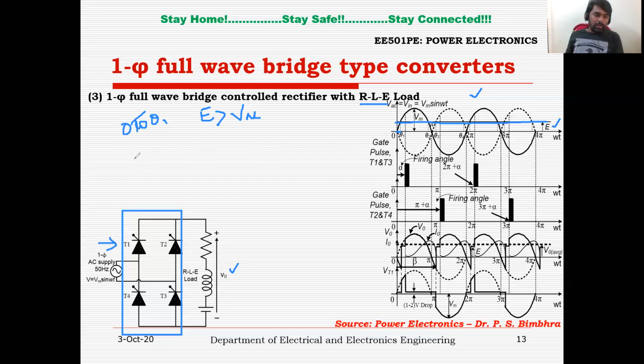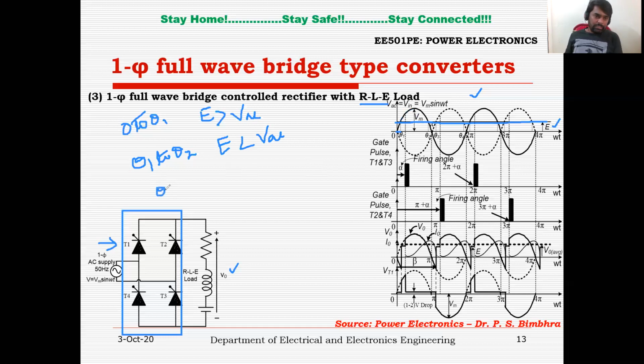Again, you can see one more comparison here, theta 1 to theta 2, where the battery voltage is less than the input voltage. So in order to draw the current from the AC source, alpha should be more than theta 1 and it should be less than theta 2, because during this interval the AC voltage is more than the DC battery voltage.